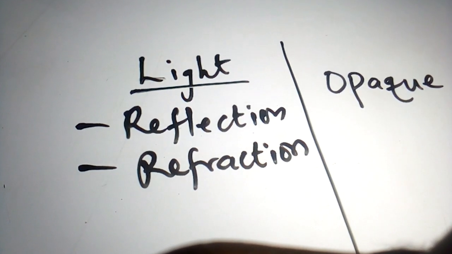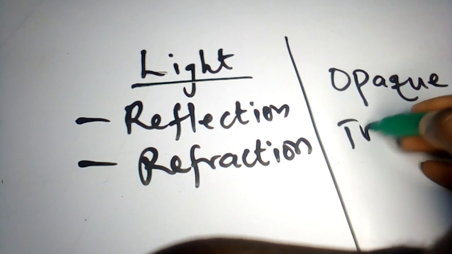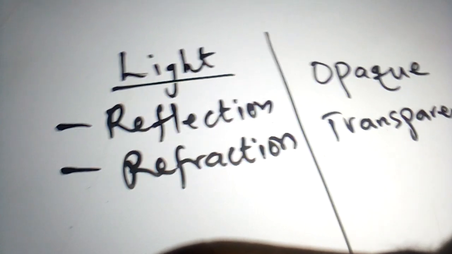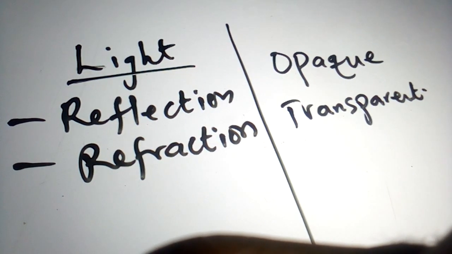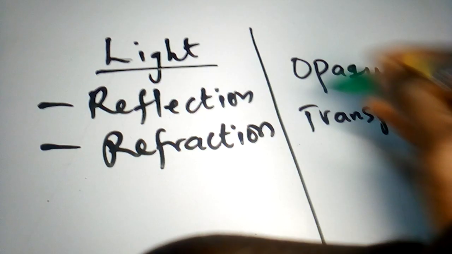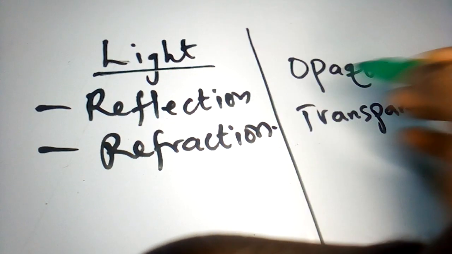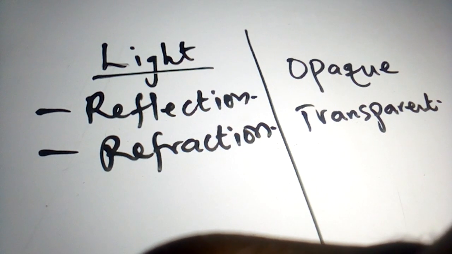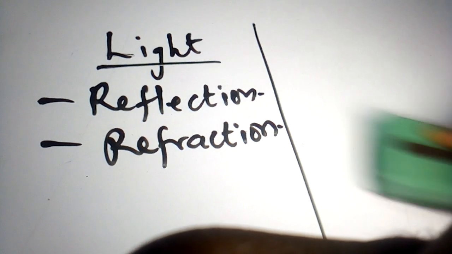Then we have materials that are transparent. Transparent materials allow light to pass through them, just like glass, water, and so on. Those are transparent media, but we are going to look at transparent media in refraction. Here we're talking about reflective surfaces in reflection.